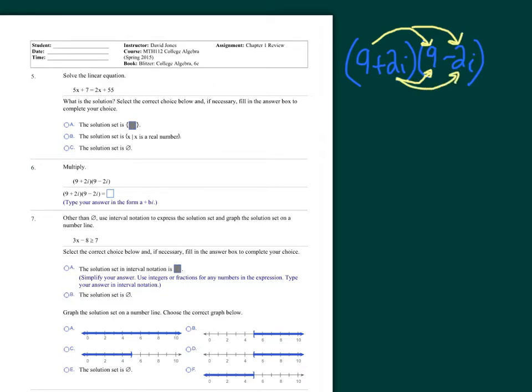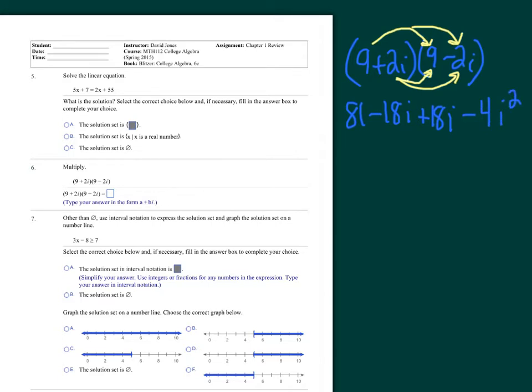Just distribute the 9 to both the other two terms, and distribute the 2i to both the other terms. So 9 times 9 is 81. 9 times negative 2i is negative 18i. 2i times 9 is positive 18i. And then the 2i times negative 2i is going to be a negative 4, and since we're multiplying i's there, it's going to be i squared.